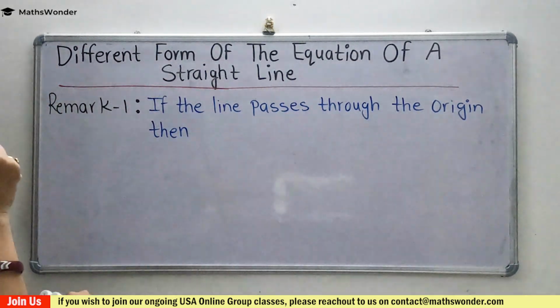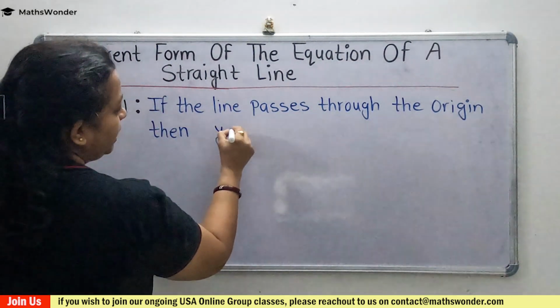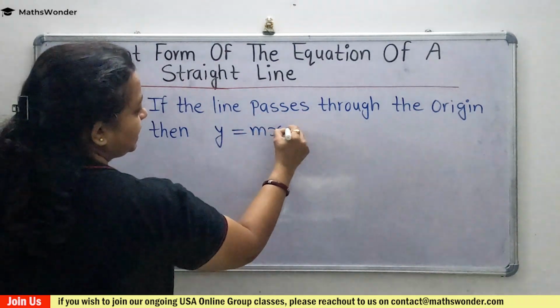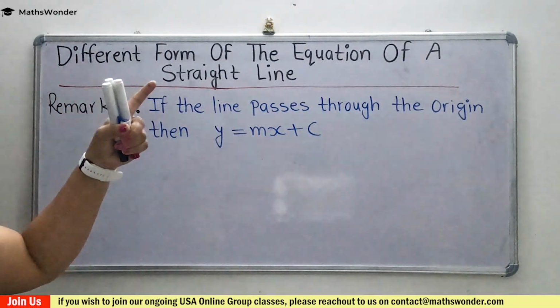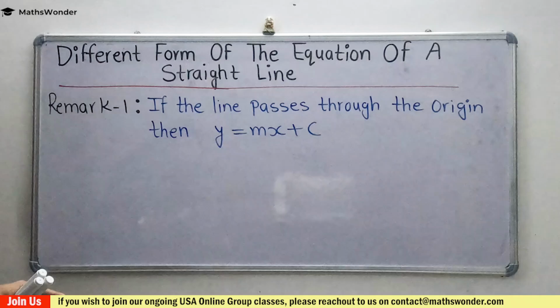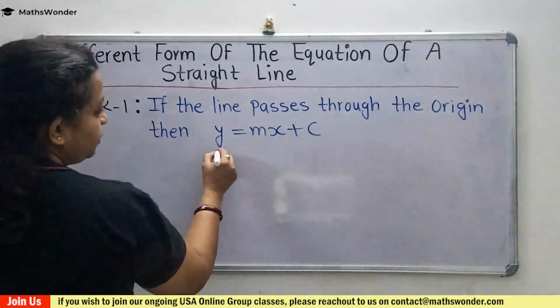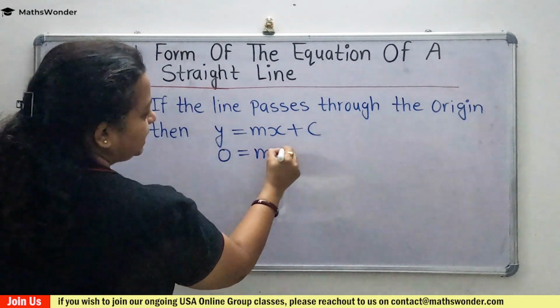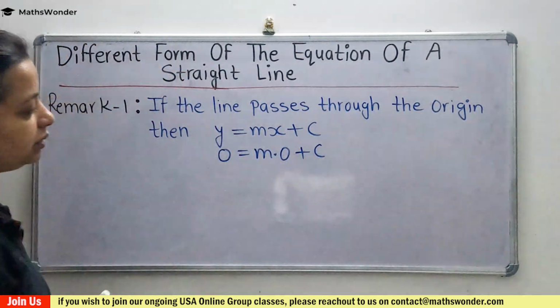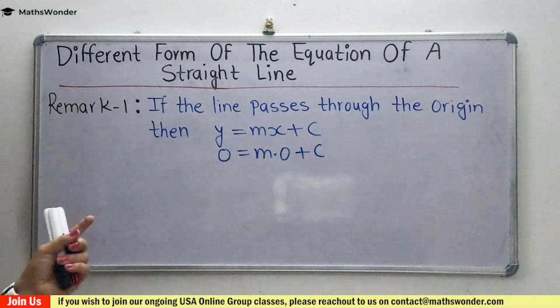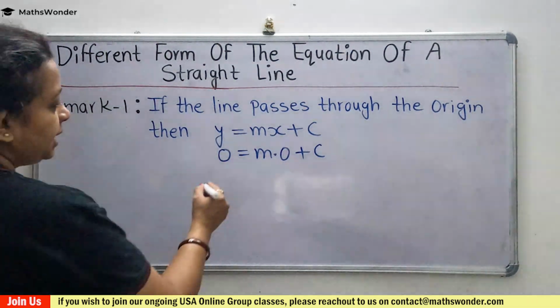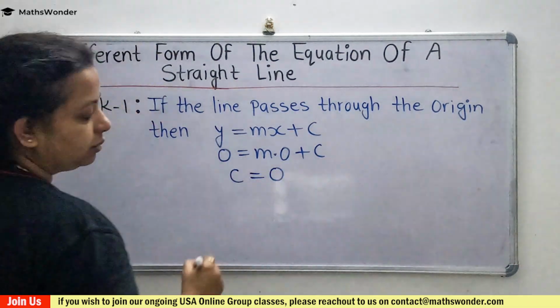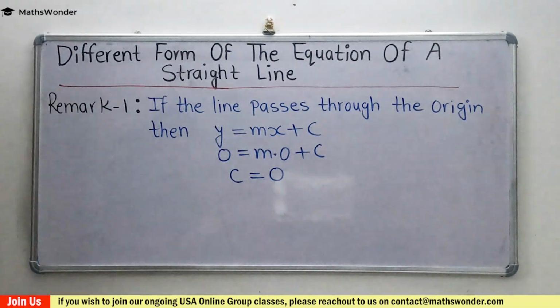Your formula is y equals mx plus c, right? If it's passing through the origin, then your y will be 0 and your x will be 0, which means c equals 0. C means y-intercept equals 0.